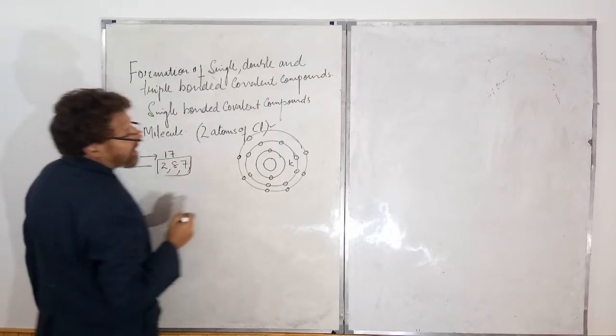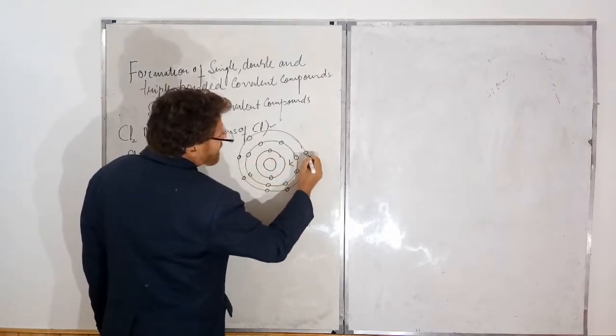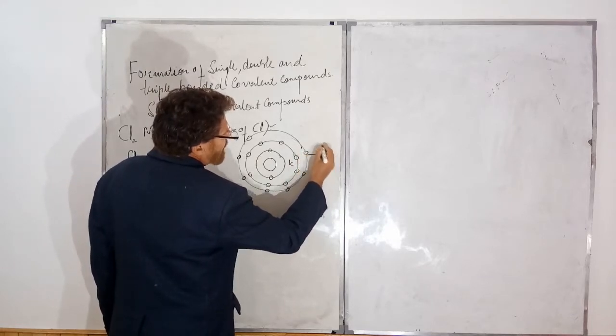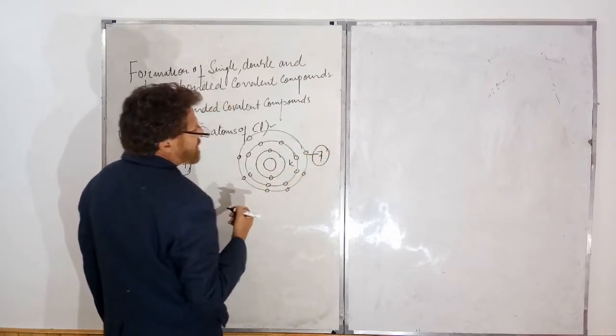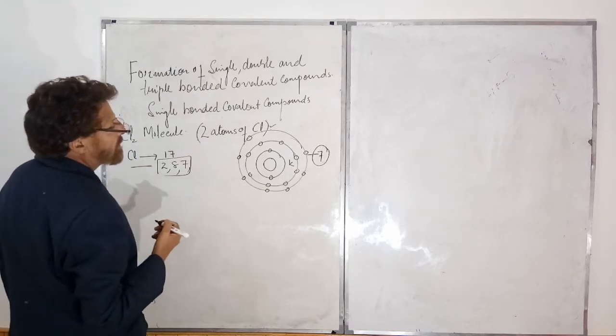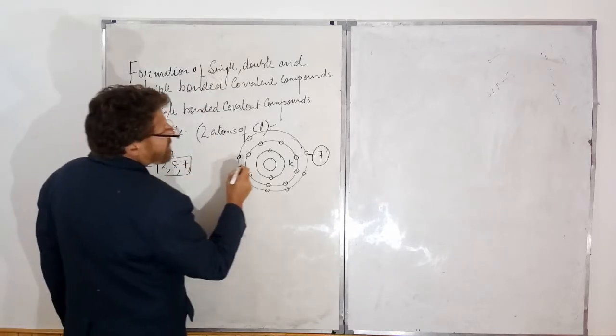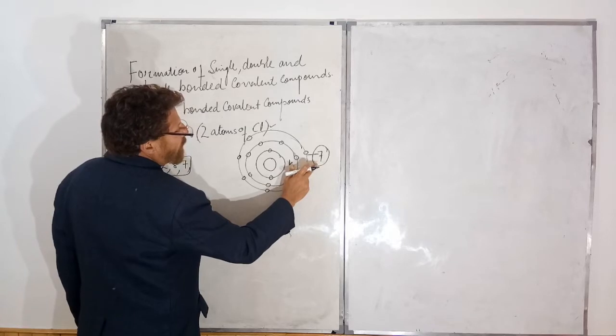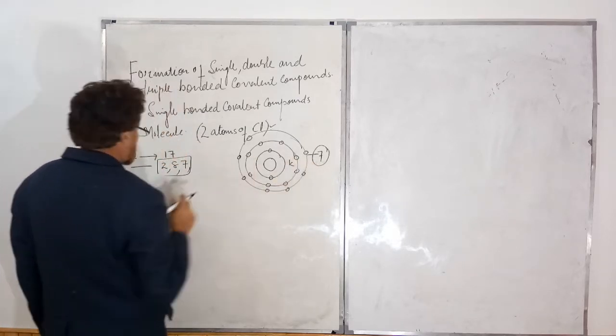It indicates that it has 7 electrons in its outermost shell, which means it is unstable. For its stability, it needs one more electron.